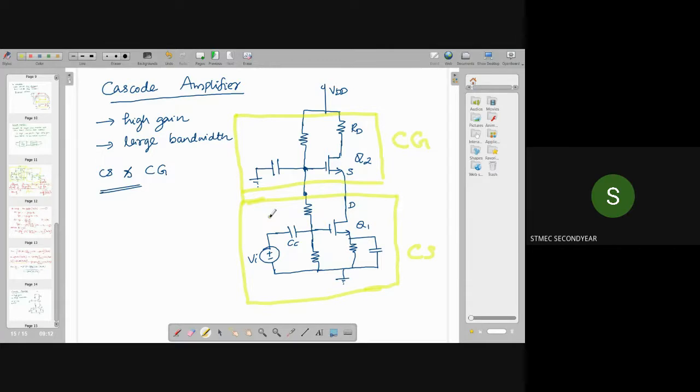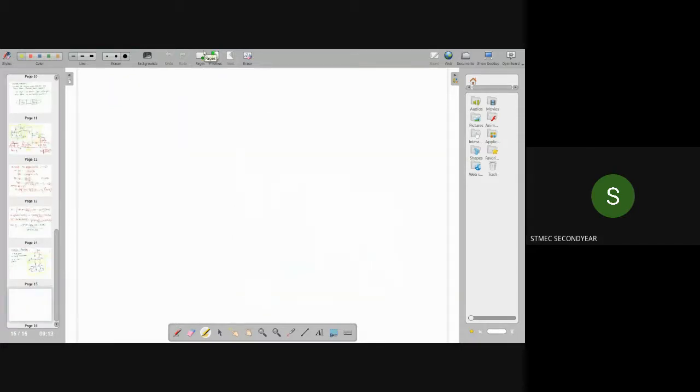R1, R2 biasing resistors, load resistor, source resistors and the biasing are not considered as we go for the small signal model. So for the small signal analysis of this cascode amplifier.